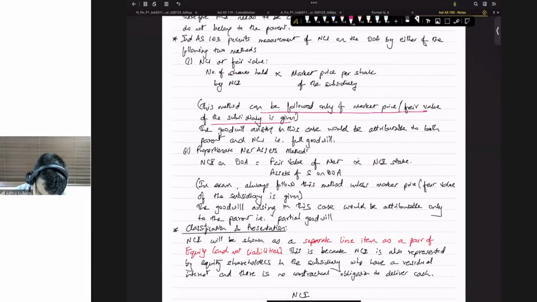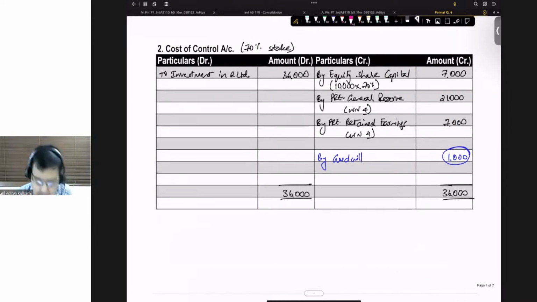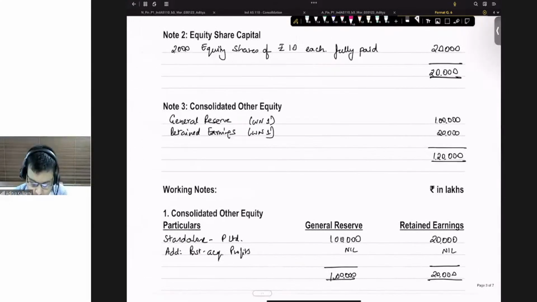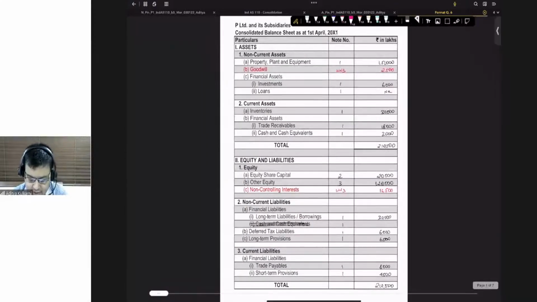Okay. And here I have given you: in exam, always follow this method, proportionate net assets, unless market price or fair value of the subsidiary is given. So we have already written this down. So if market price is given, please follow NCI at fair value, because that is what the institute is expecting from you. Okay. So is the first question clear? Yes.